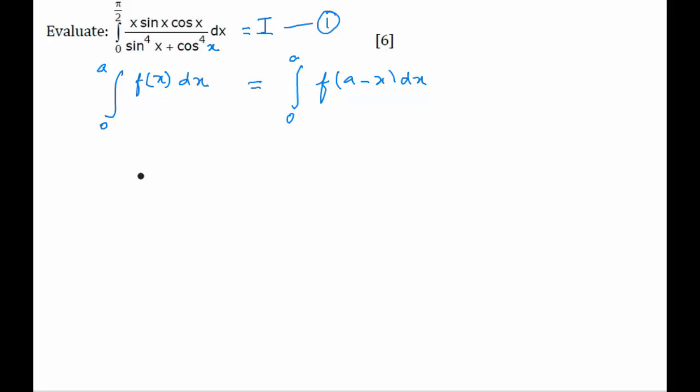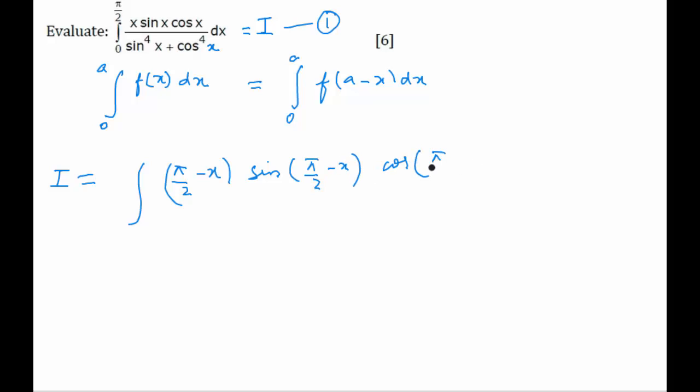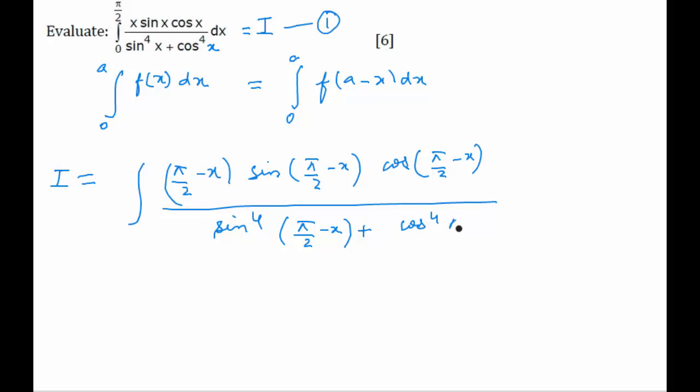Applying the same property here also, we'll get I equals integral of pi by 2 minus x, because for us a is pi by 2, sine of pi by 2 minus x, cos of pi by 2 minus x divided by sine to the power 4 of pi by 2 minus x plus cos to the power 4 of pi by 2 minus x. Also the limits will stay the same, dx.